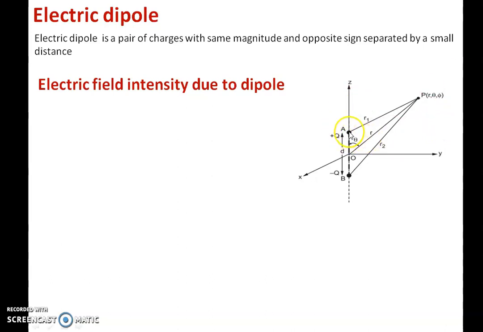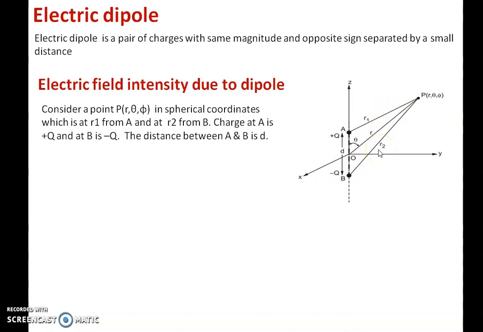Now the distance from the positive charge, plus q, placed at A, to P is R1. Similarly, the distance from B to P is considered as R2. Now, what is the expression for potential at P due to A and due to B?